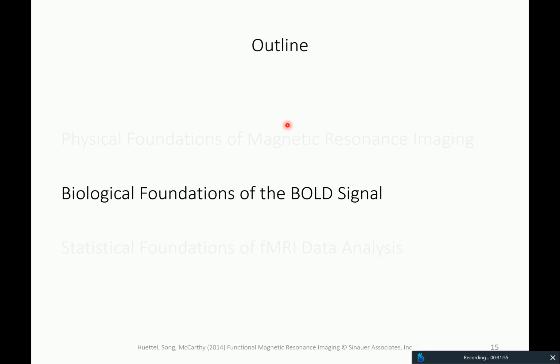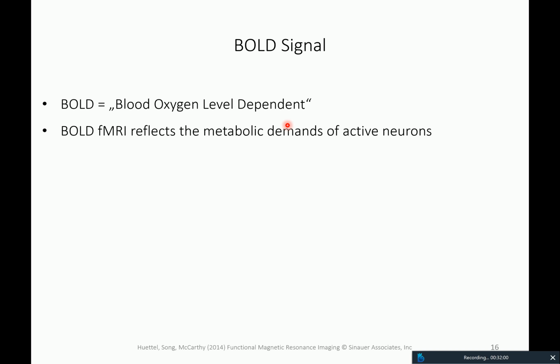But now, first, something about the biological foundations, and this is essentially the same stuff that Rainer Göbel mentioned last week when he gave this little introduction for a general audience. The most important part for fMRI in terms of imaging is the fact that the BOLD signal is related to the metabolic demands of active neurons, where BOLD stands for blood oxygen level dependent signal.